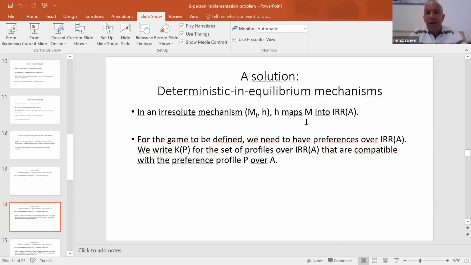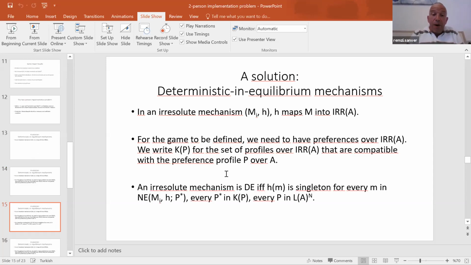So I'm keeping it very general. Or it can be some expected utility consistent preferences over lotteries. I'm keeping it in its full generality because I will be using very, very weak restrictions. But once I know the possible preferences over these irresolute outcomes, those who wish to think of sets can think of sets, those who wish to think of lotteries can think of lotteries, then I again have my game. I have my irresolute mechanism which induces a game.